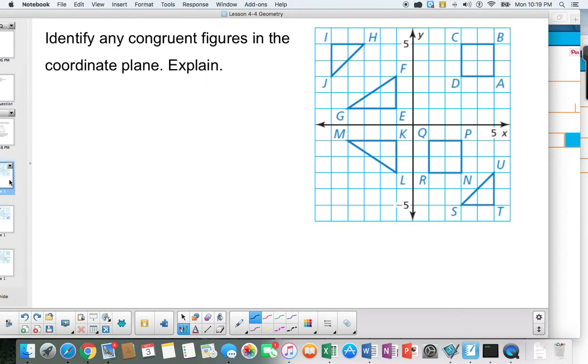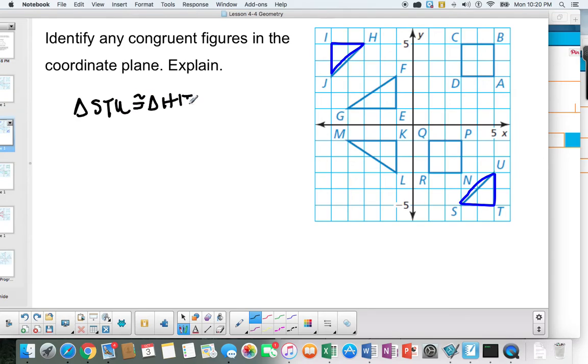All right, let's take a look. Can we identify congruent figures in the coordinate plane, and can we explain why? Let's first take a look at the two triangles. These two triangles are congruent, so I'm going to say triangle STU is congruent to triangle HIJ because there is, it looks like, a 180-degree rotation.